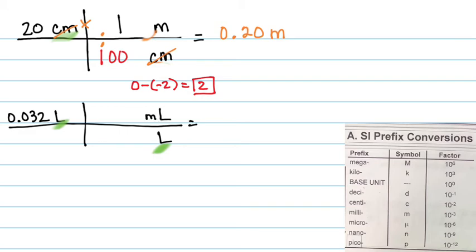Step number 3, we put a 1 with the larger unit. We have to figure out what exponents we are working with. Under liter there is no prefix, no letter in front of it, so that must be the base, 10 to the 0. And the little m is milli, which is 10 to the negative 3.